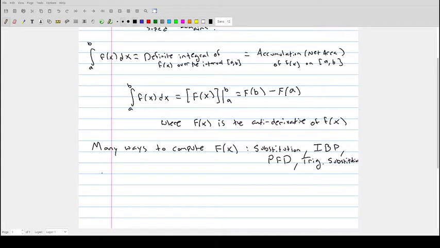We've also seen a number of different ways of applying the concept of definite integral to calculate real-world quantities.